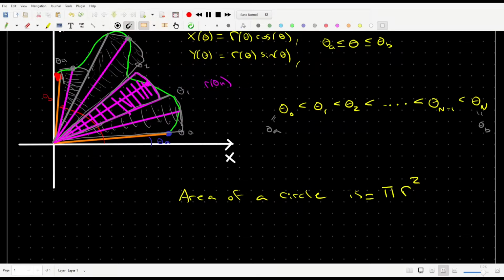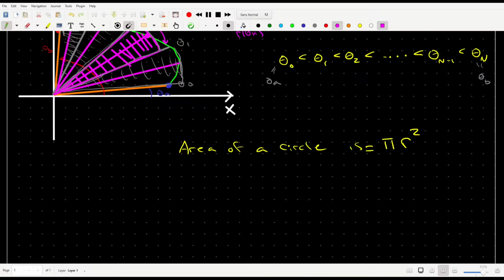I'm calling this the kth angular segment, and the difference in angle from the beginning to the end point of this segment is delta theta k. The radius of the sampled angle in this interval is just r of theta k, where I'll call the sample angle theta k star, just so we don't get confused.